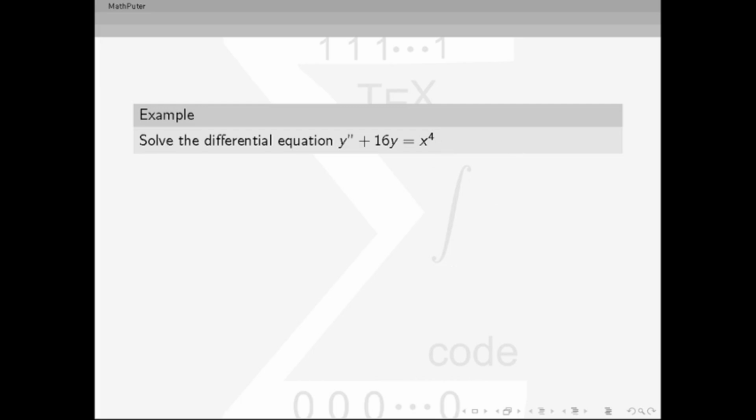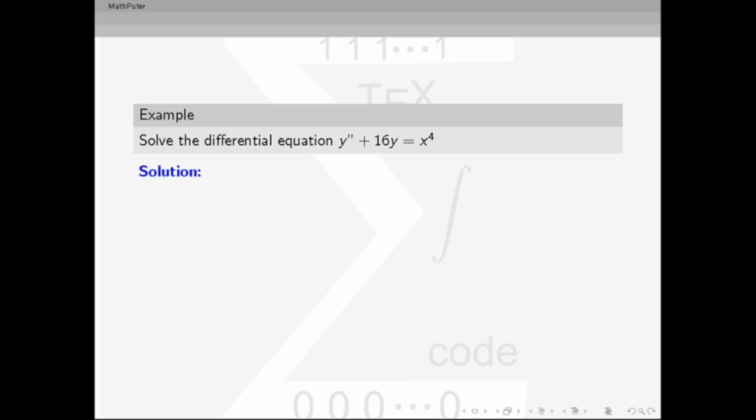We shall concentrate only on the particular integral, because in today's session I want more discussion on the particular integral. So let us start with this example, d2y by dx square plus 16y is equal to x raised to 4.